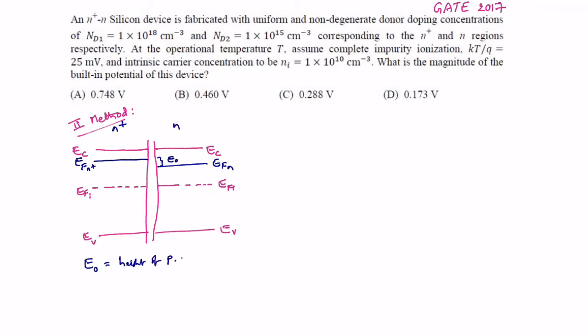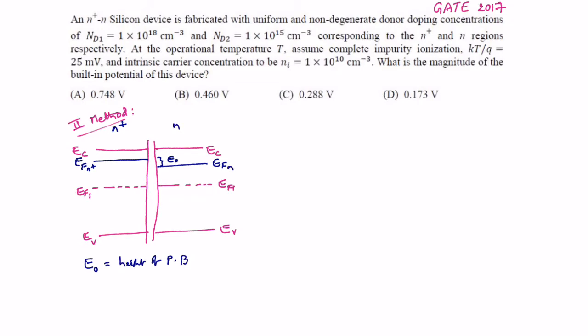This is the amount of energy it requires to move a charge carrier from one side to other side. If you are not able to supply this much energy externally, no movement is going to be taking place, current doesn't take place in the semiconductor.